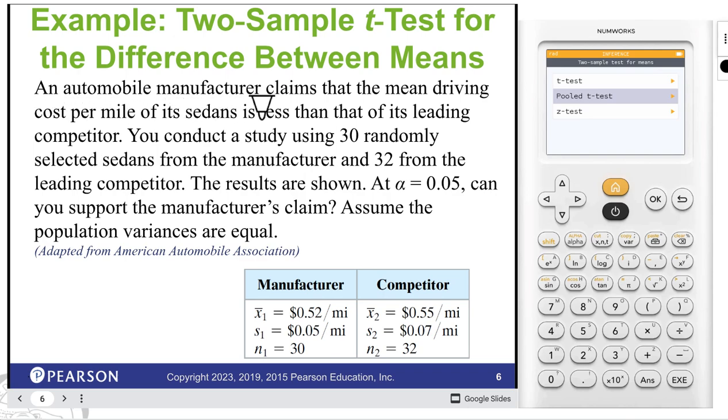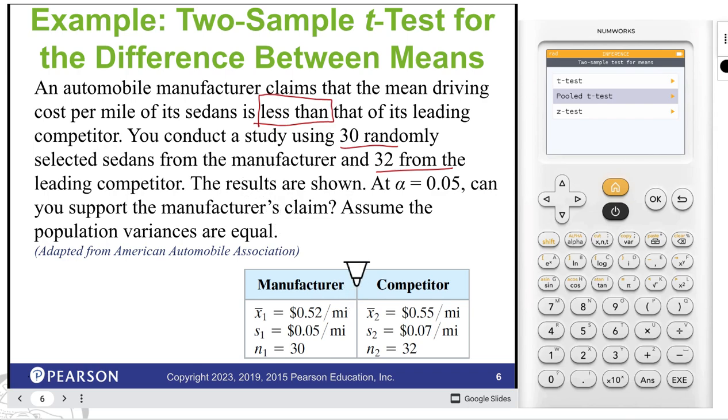An automobile manufacturer claims that the mean driving cost per mile of its sedans is less than, so look for that word, that's going to help us set up the hypotheses, less than that of its leading competitor. You conduct a study using 30 randomly selected sedans from the manufacturer, 32 from the leading competitor.